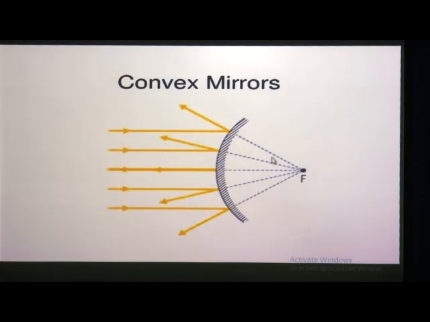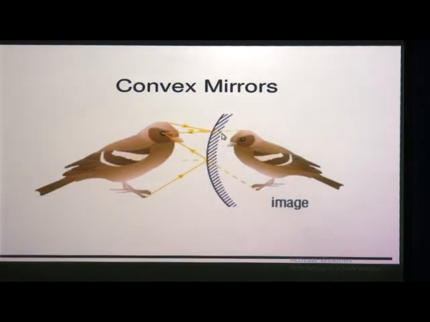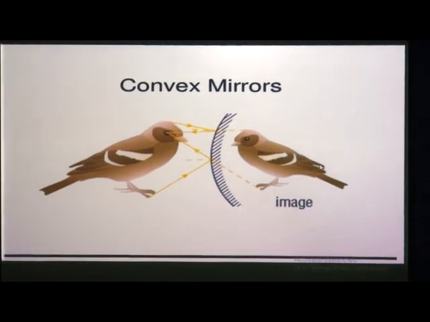Now, next, here it is shown one more time how this happens in the convex mirror. See here, a bird is standing in front of the convex mirror, and you can see the image which is formed in the convex mirror. You can see that the image of this bird in a convex mirror looks like this.